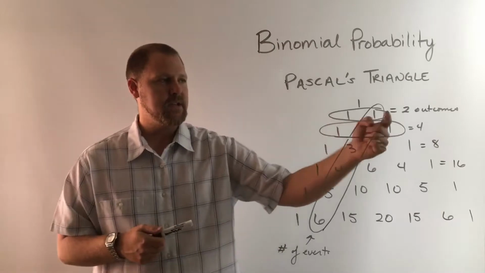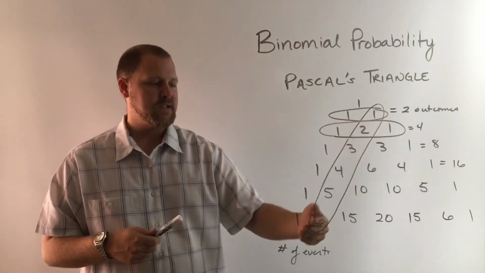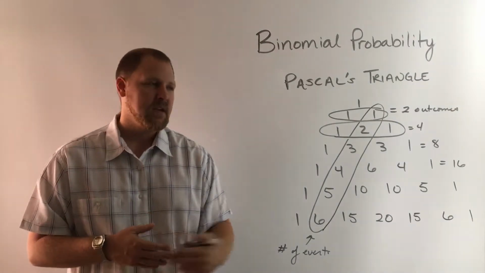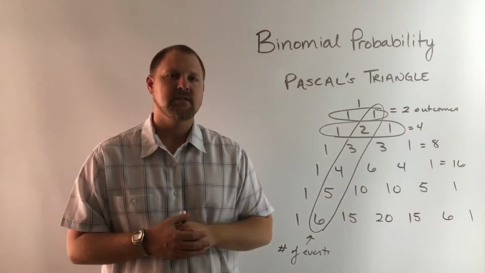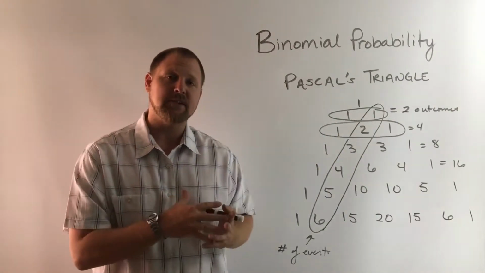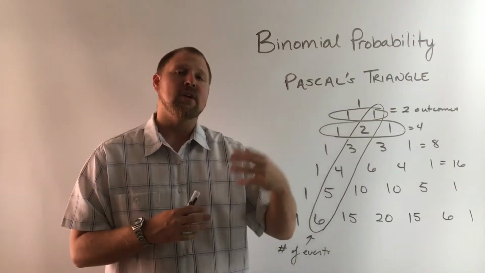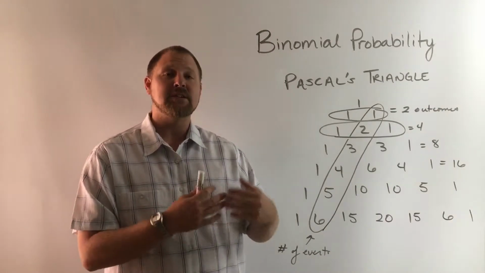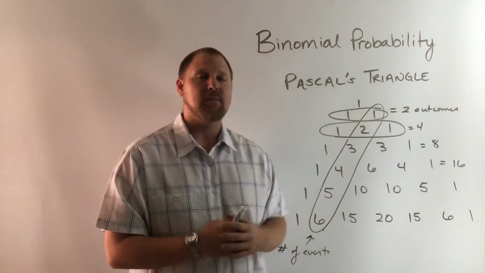So if you add up the entries of each row based on the number of events, you have how many outcomes there are. And then each position in the row of that triangle tells you the numerator of the probability divided by the number of outcomes for each and every different type of outcome.